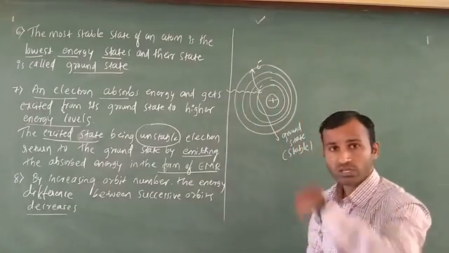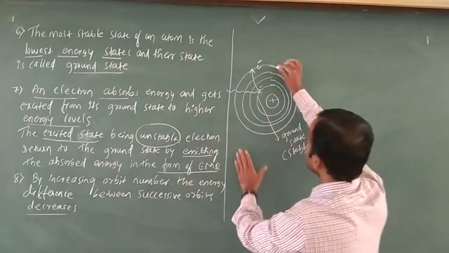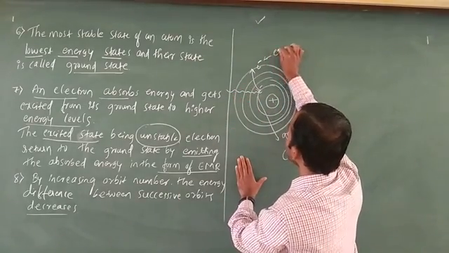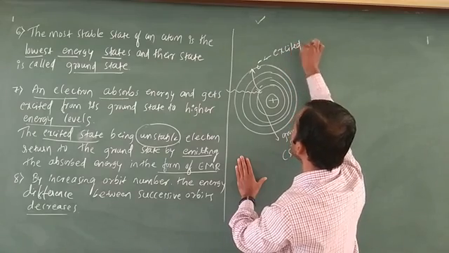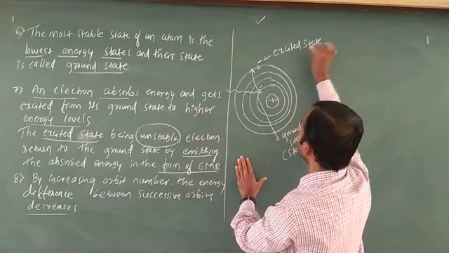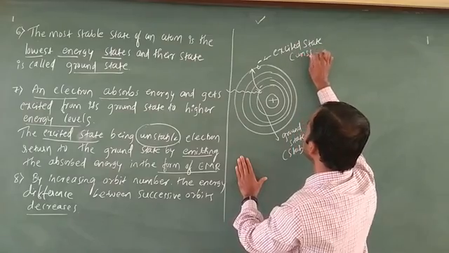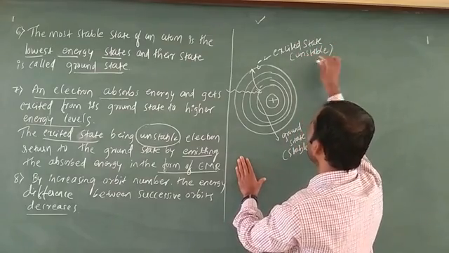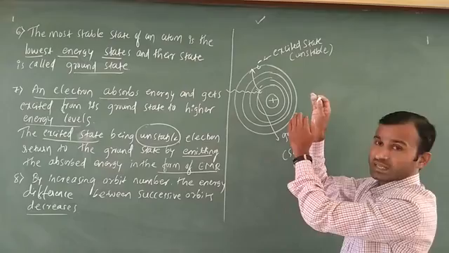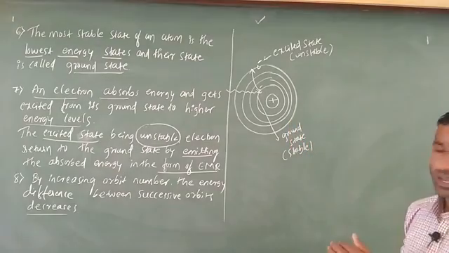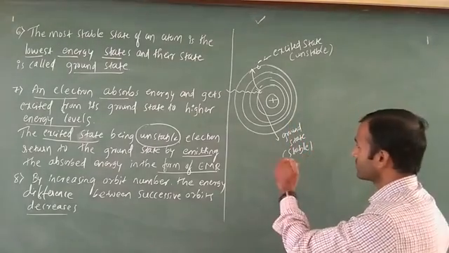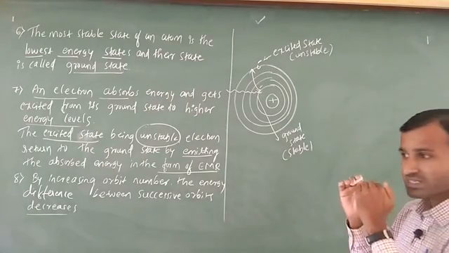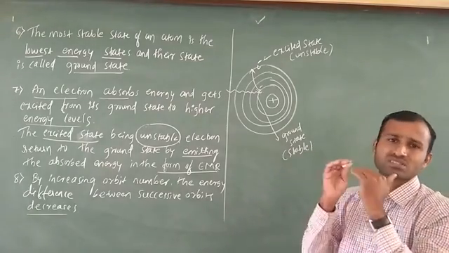This higher energy is called the excited state. The excited state is always unstable. The electron does not stay for a long time in an excited state. The electron always stays in the lower energy state, because lower energy is stable.